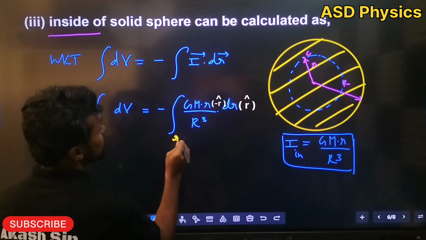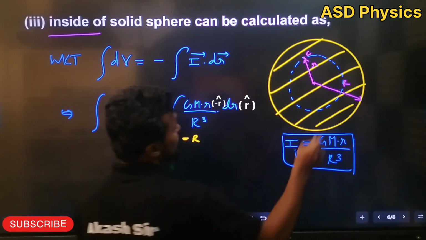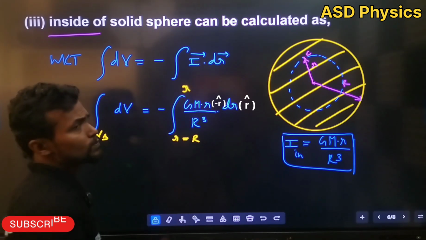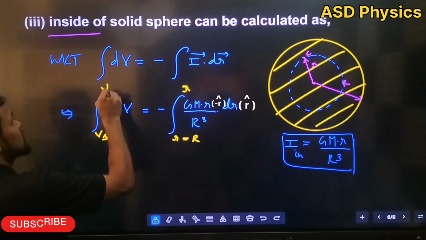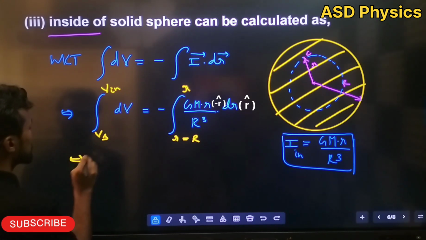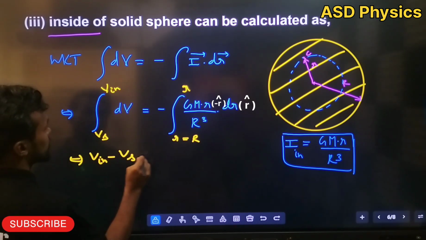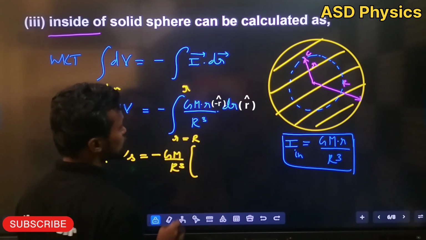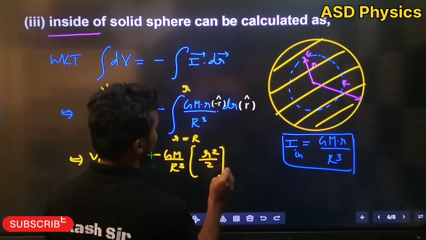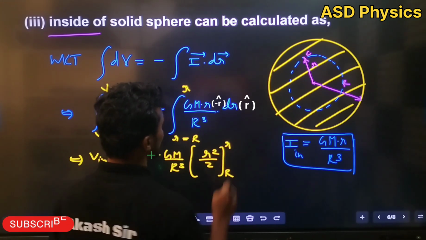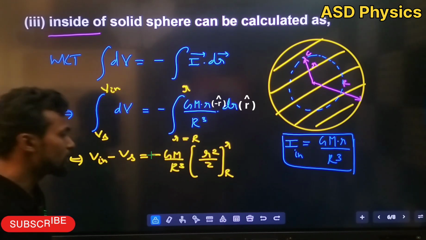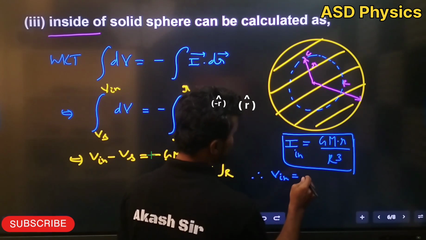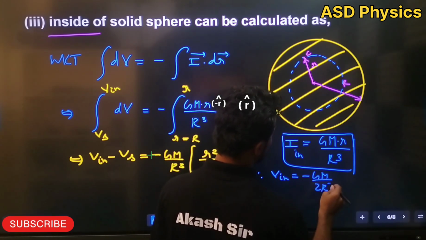When small r equals capital R, we are on the surface, so we write the surface potential, and when we are at point C, at small r, let's take the potential to be V in. So V in minus Vs equals minus GM by R cube times the integration of r dr, that means r square by 2, with limits from capital R to small r. You will simplify this, and Vs value you will put as minus GM by capital R, and after that, when you write the value, V in will come. Remember that it is minus GM by 2R cube.